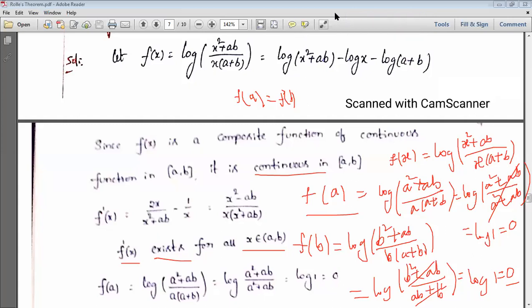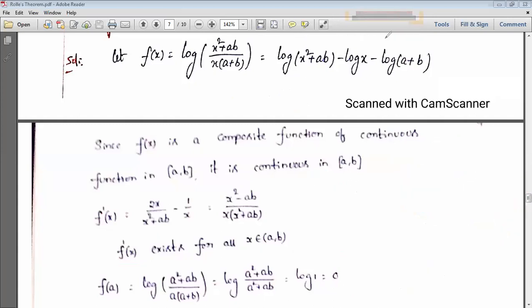Now what we should do is take the condition and do the verification. So what about verification? f dash of c is equal to 0. Already we calculated f dash of x, right? So here is f dash of x. In place of x, I am substituting c, so (c square minus ab) by c into (c square plus ab) is equal to 0.